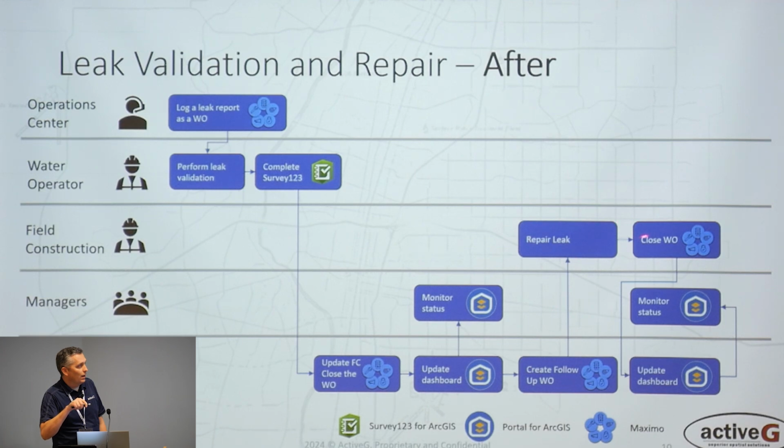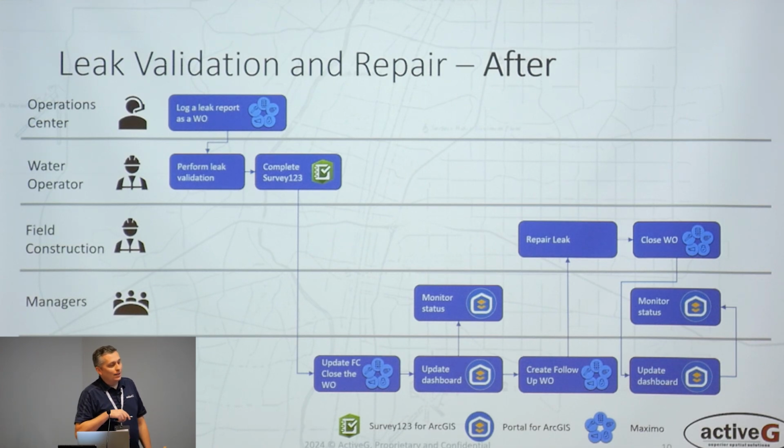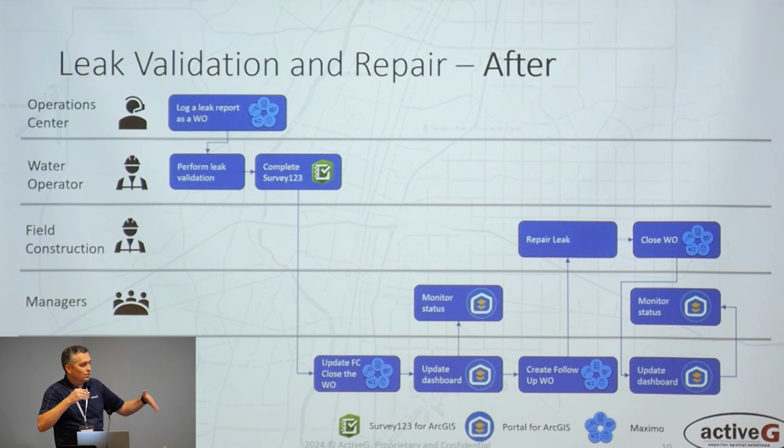They do that repair. They close out the work order. It gets automatically picked up by Nash and updates the dashboard. And so all that back and forth between who's reporting and who's repairing and the managers that are overseeing it, all that communication is happening automatically through the Nash workflows.